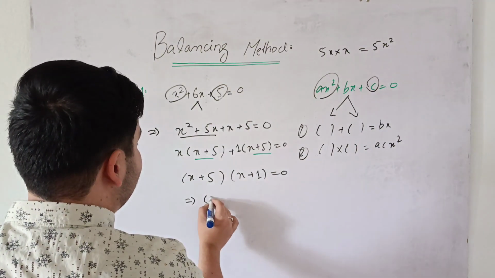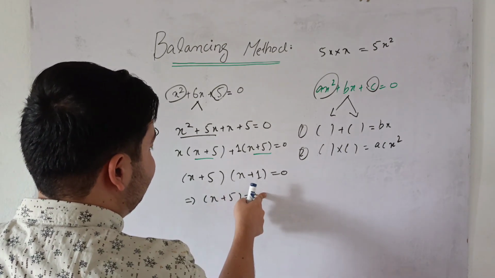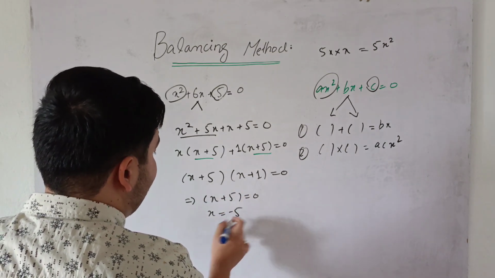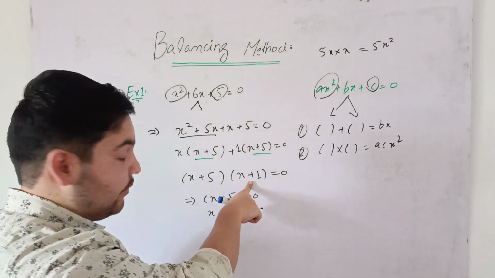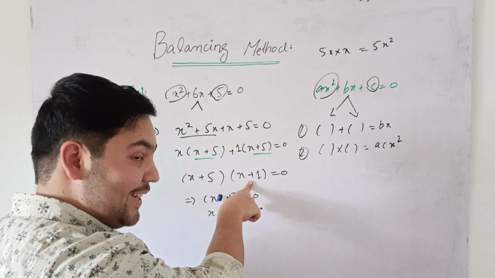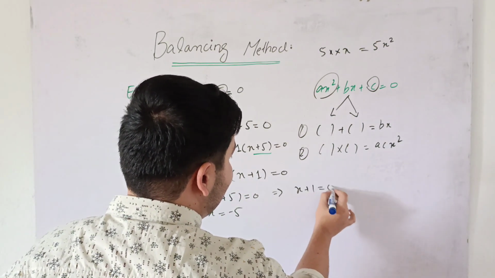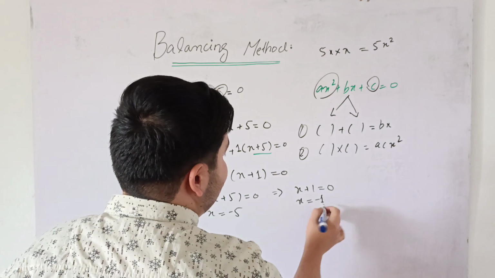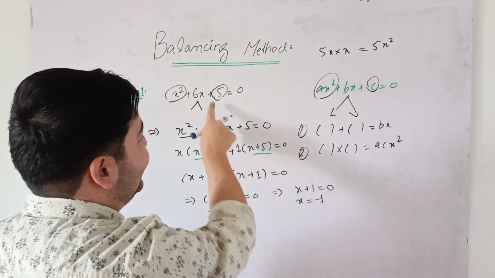Now we will find the roots. The first factor is x plus 5 is equal to 0. If I shift this 5 to the other side, x is equal to minus 5. We get another root from x plus 1 is equal to 0, so x is equal to minus 1. These two roots satisfy this equation.